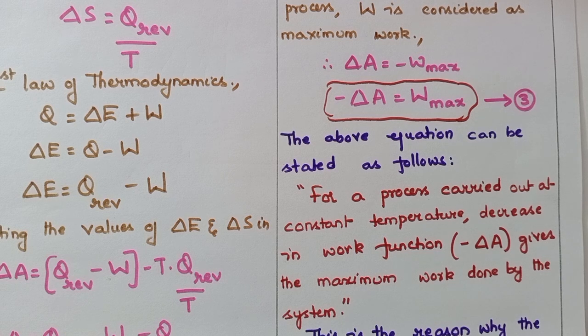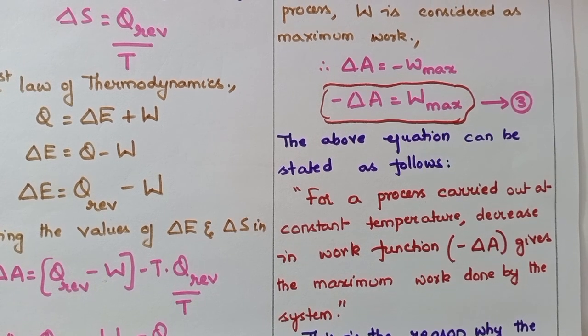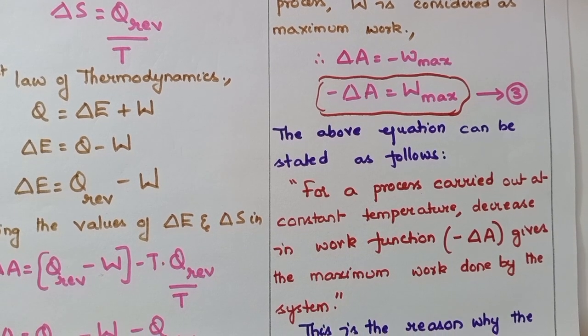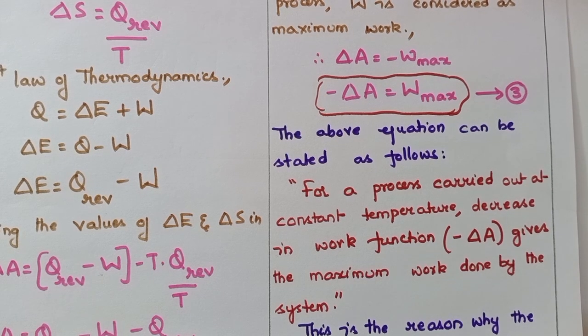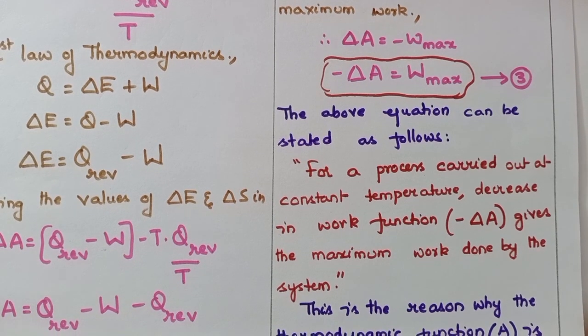So, how do we put it in words? Decrease in work function, as it has negative sign. Decrease in work function, minus delta A, gives the maximum work done by the system.